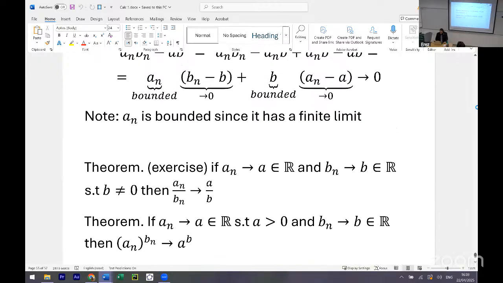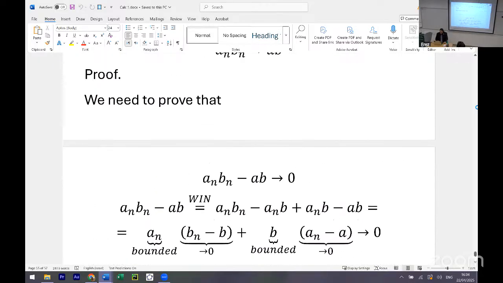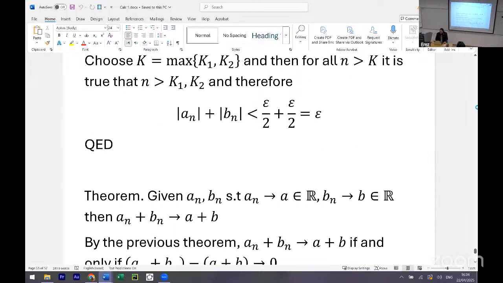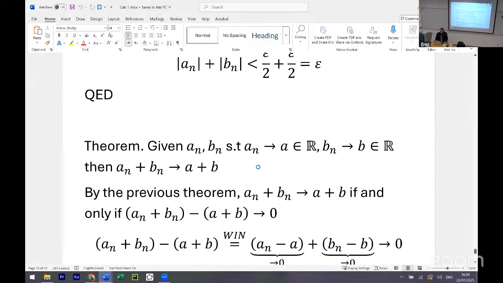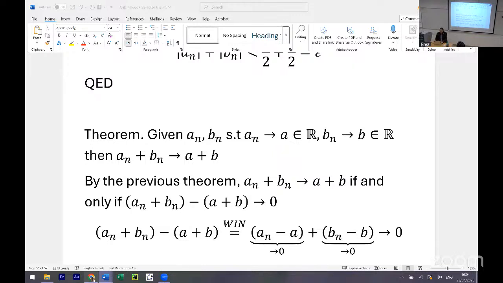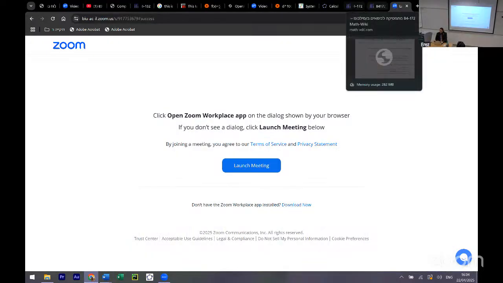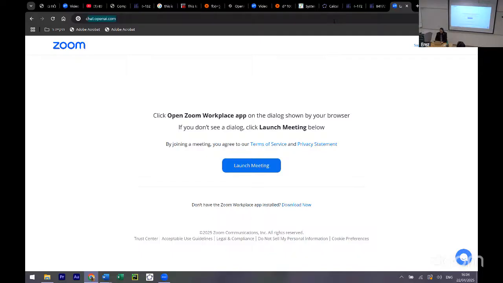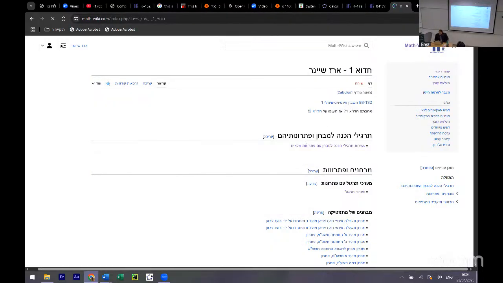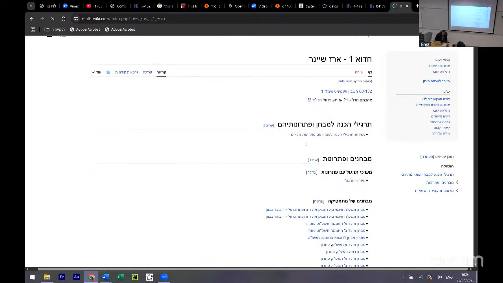So let's see where we were before Passover. I'll open up the wiki again to go over the different theorems, also as a recap, to remind myself where we are.